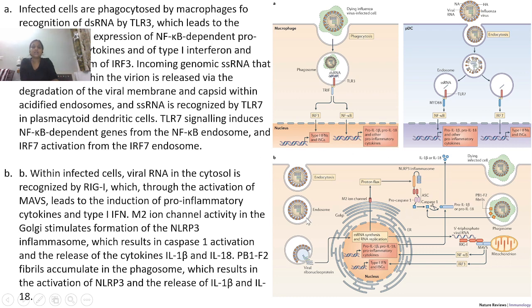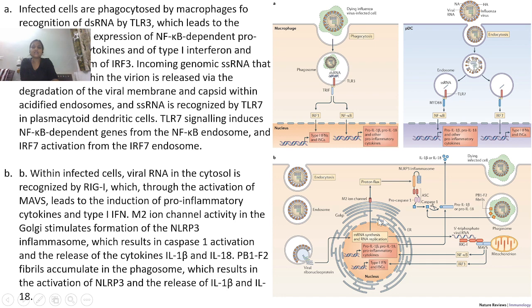Here in the cytosol, viral RNA is recognized by RIG-I, which activates the MAVS or IPS1 pathway, which leads to the activation of cytokines and type 1 interferon.